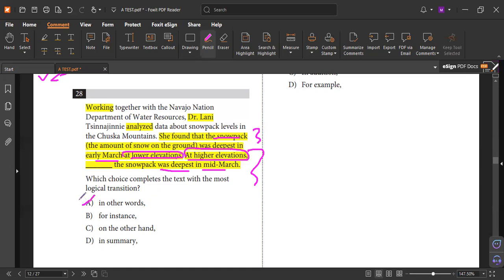So that means it's not the same. It's not an example. It's not a summary, of course, because a summary means I summarize the same idea, but it's not. So it's "on the other hand." So transition words help me to organize the ideas, to know how the author organized the ideas between the following sentence and the preface. That's why.